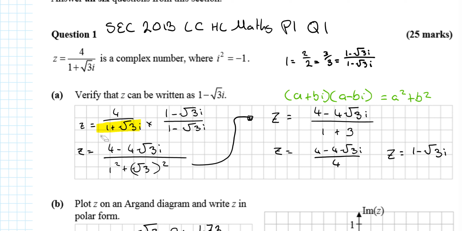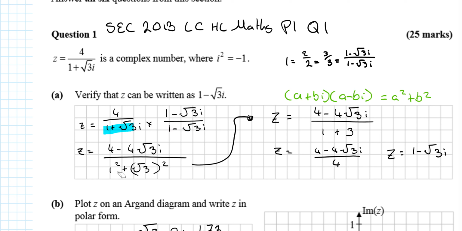How do I multiply fractions then? I multiply fractions by top by top, bottom by bottom. So 4 by 1 is 4. 4 by minus root 3i is minus 4 root 3i. And then when multiplying a complex number by its conjugate, there's a lovely little shortcut. If you remember this rule, multiplying any complex number by its conjugate, it ends up just being a squared plus b squared.